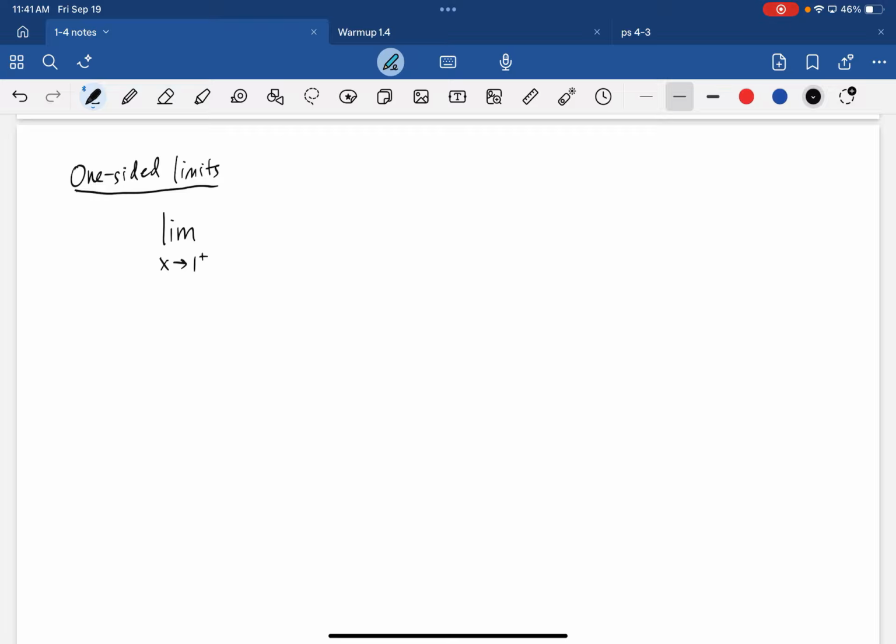And that indicates that we're approaching x from the right side. So if we were to imagine a number line, like here's my 1, this is x, we're simply approaching it from the right side. So this is the limit from the right side, or the positive side.